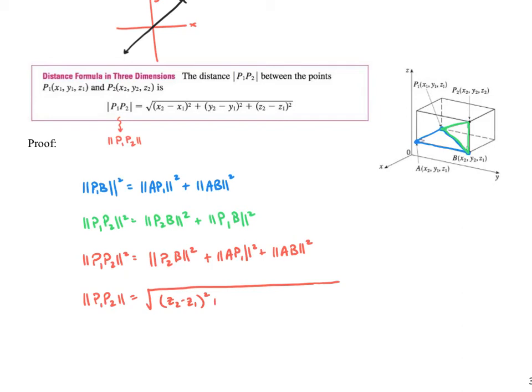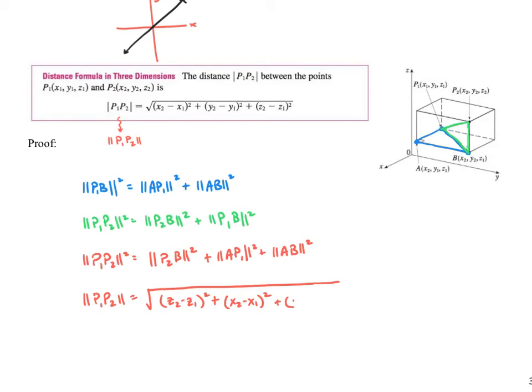Then we have from A to P1. The only thing that differs is x. Y is the same, z is the same. So what we have there is x2 minus x1, and we're squaring that. Plus the very last one, we have A to B. Again, x doesn't change, y changes, and z does not change.